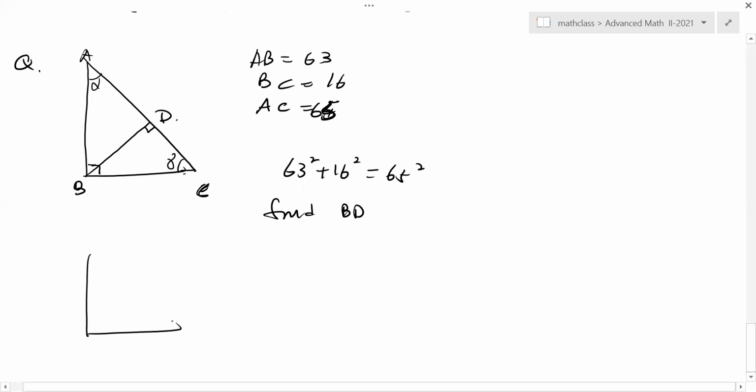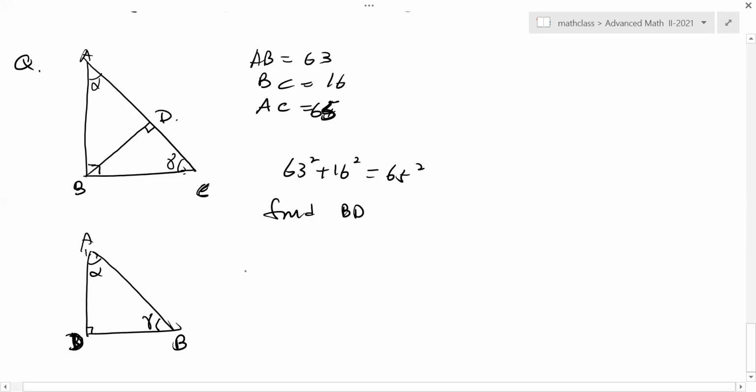I'm going to put A, D and B. This is alpha, because alpha plus gamma is going to be 90 degrees, so this must be gamma.